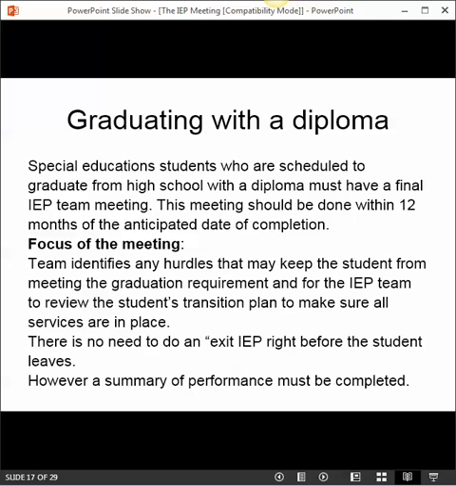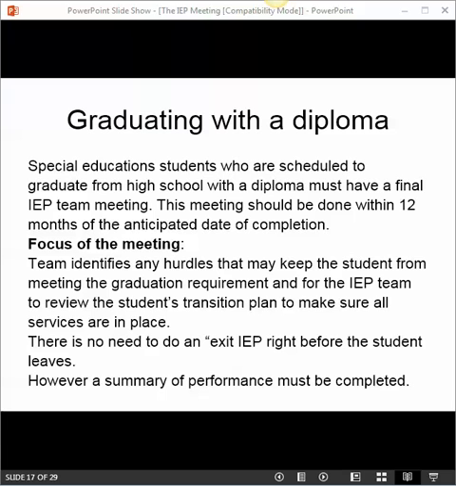If the student's graduating with a diploma, special ed students who are scheduled to graduate from high school with a diploma must have a final IEP meeting. The meeting should be done within 12 months of the anticipated date. So during their junior year, you should be looking to do their graduation kind of IEP. In their junior year, you identify any hurdles that may keep the student from meeting graduation requirements, and for the IEP team to review the student's transition plan to make sure all the services are in place to help them transition out of school.